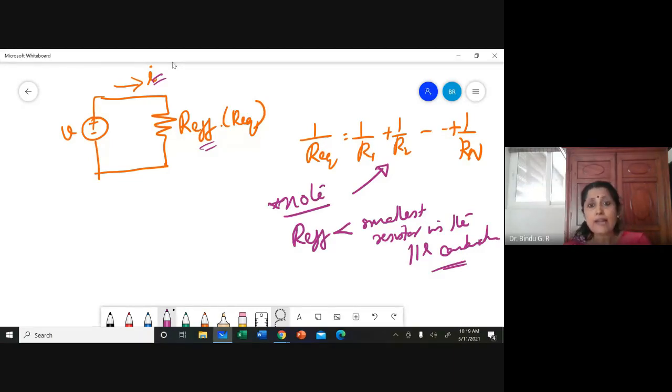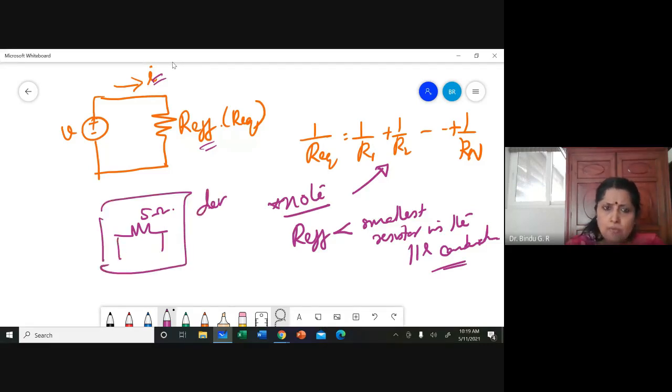But for example, suppose I had a 5 ohm resistance in the device, and for some reason I want to reduce this resistance. What I can do is replace this resistance with a 2 ohm resistor.